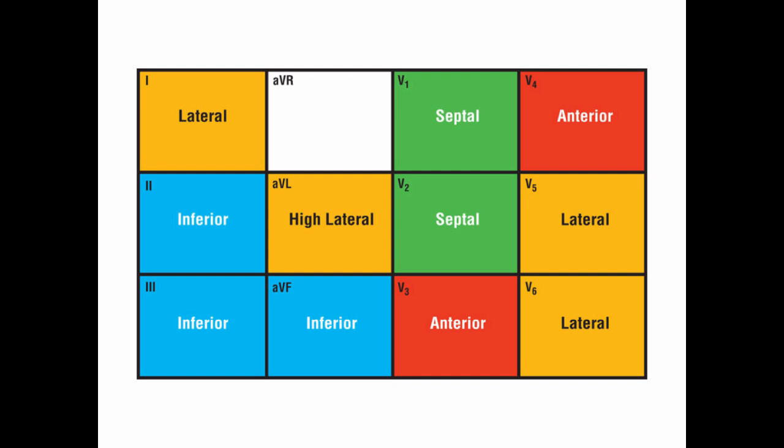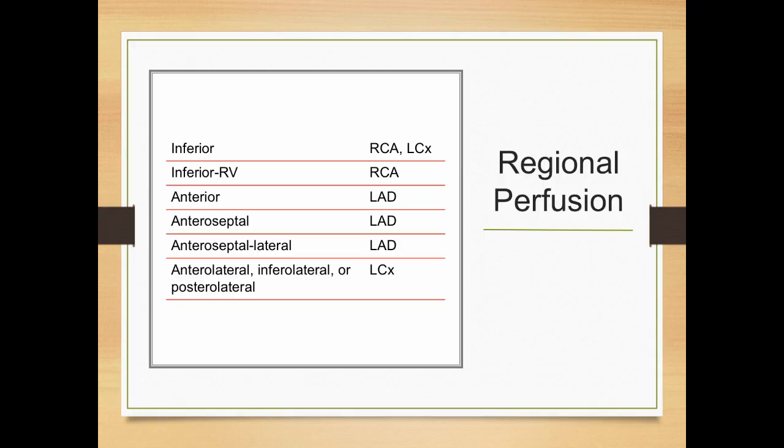So if we say, where do you see ST segment elevation? If you see it in 2, 3, AVF, well, that's an inferior MI, right? Because it's the inferior region of the heart that we're looking at. And thinking a little bit further, we've got a region in which we have some injury, some ischemia, some infarct. Well, what coronary artery is involved with that region?